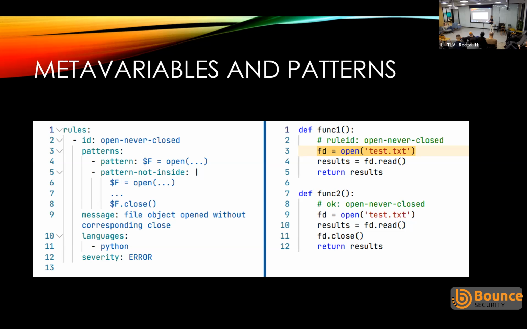Also, an interesting thing here is that if you declare a metavariable, Semgrep will only pay attention to it if it's the same metavariable here and here. For example, here we have fd open and fd close. If we had fd open and here something else close, it won't ignore it because it's not the same variable.